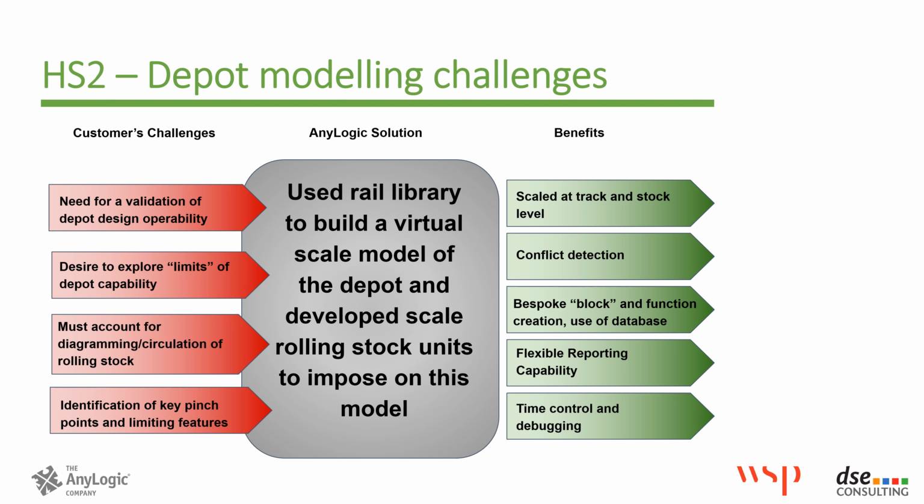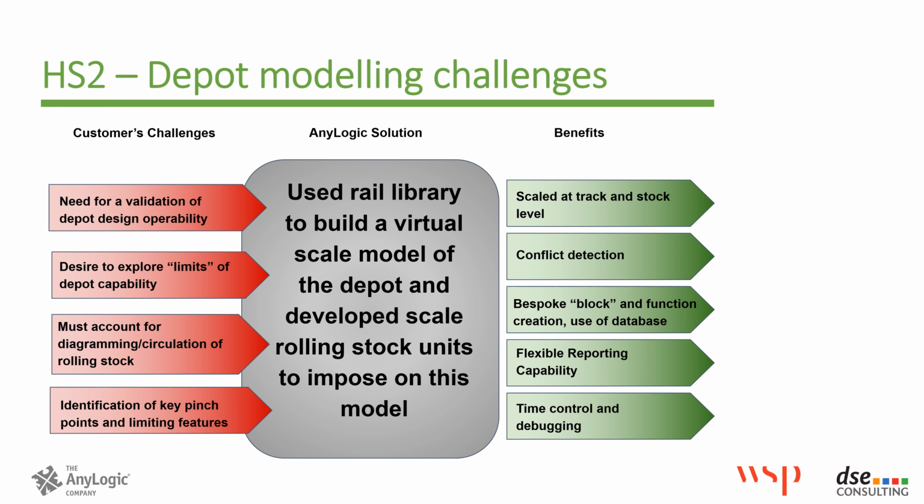We were also trying to look at the limits of the depot capability, how quickly it could admit trains in a perturbed or emergency situation. This was key when it came to the washer capability and the entrance road capability.